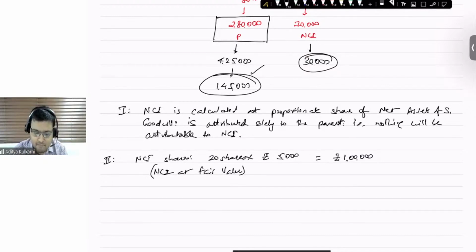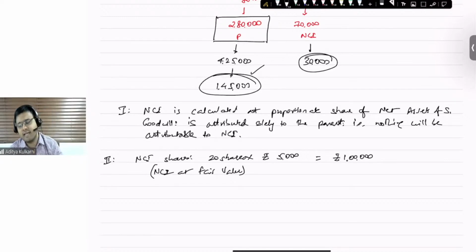Okay sir, in the exam you will follow NCI at fair value only if the market price of shares of S Limited is given. देखो, NCI at fair value के लिए you need to know the fair value of the equity share of S Limited, and fair value of equity share means the market price of shares of S Limited.